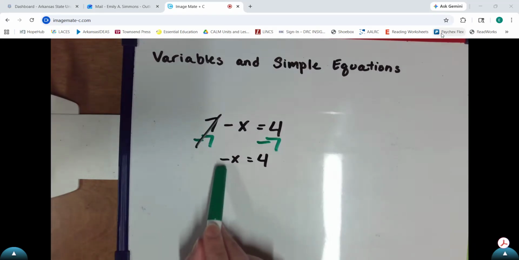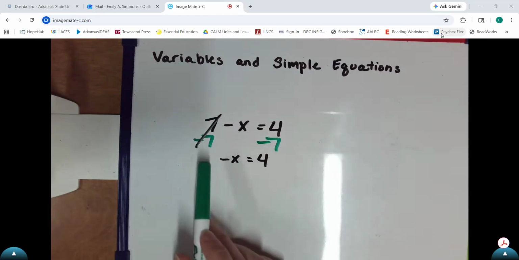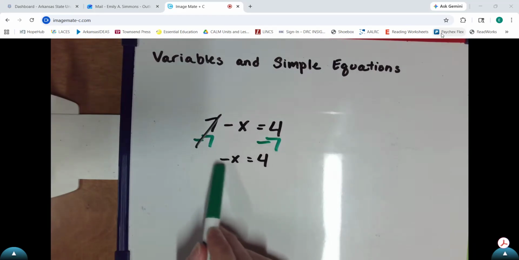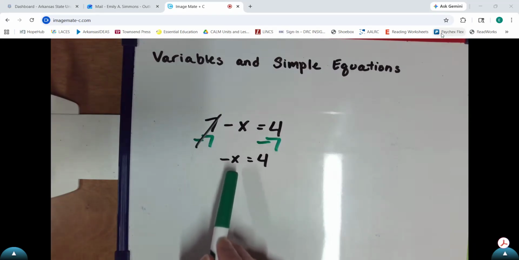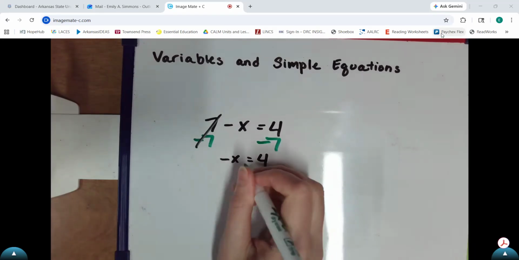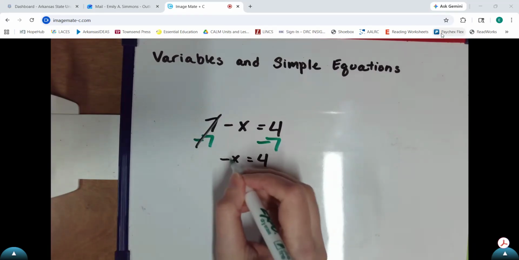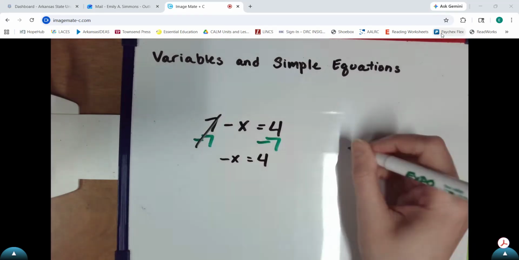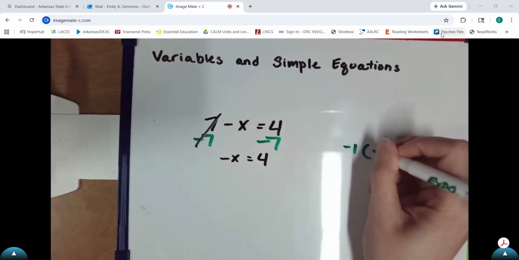When all you have left is your variable, and if your variable is a negative, there's two ways you can get rid of this. First, you could divide by -1 on both sides to get rid of your negative sign, because a negative in front of a variable is the same thing as -1 times that variable.